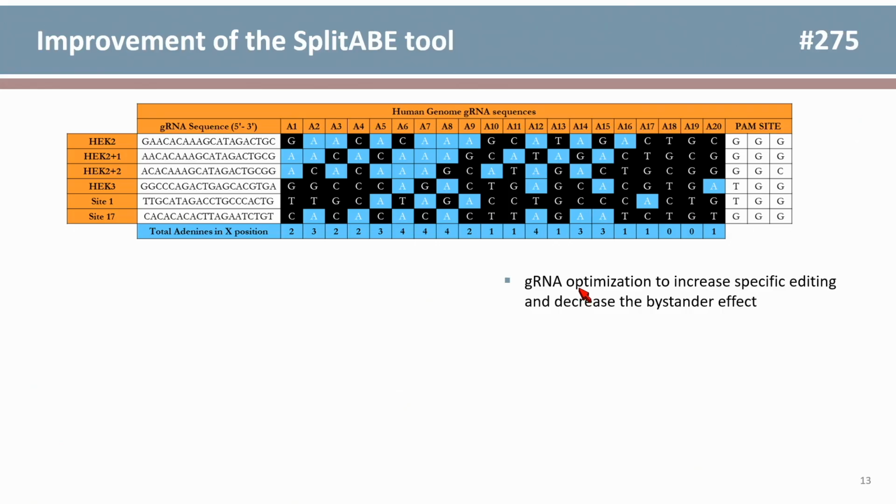And so for this, we performed a guide RNA tiling assay in HEK cells to introduce some optimization to increase specific editing and decrease the bystander effect. And in fact, the results that we are obtaining show that targeting the adenine at position 5 is more efficient than targeting the adenine at position 6.